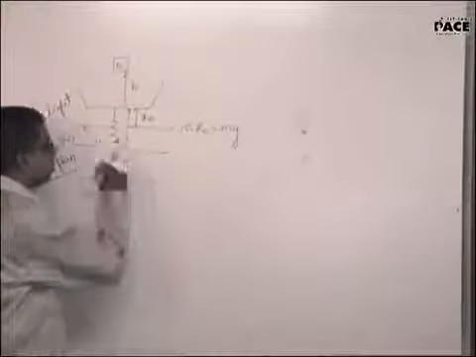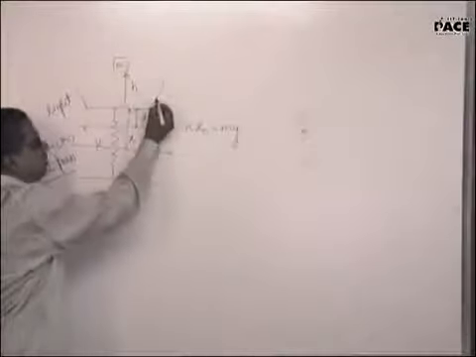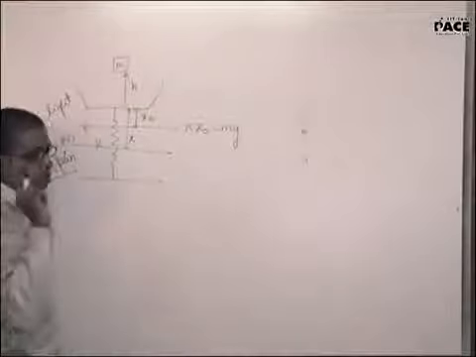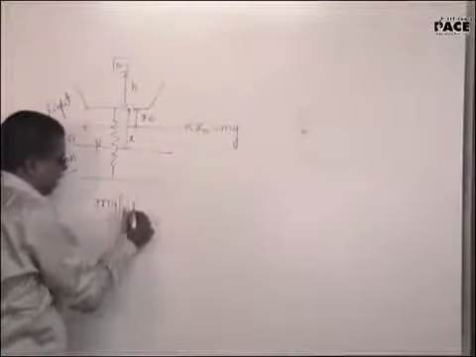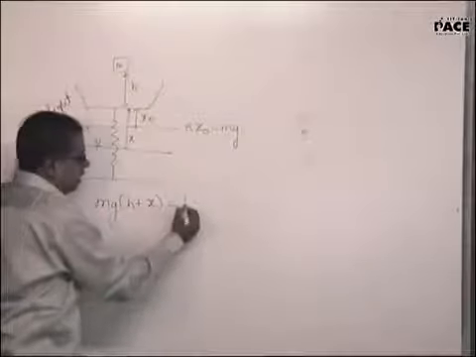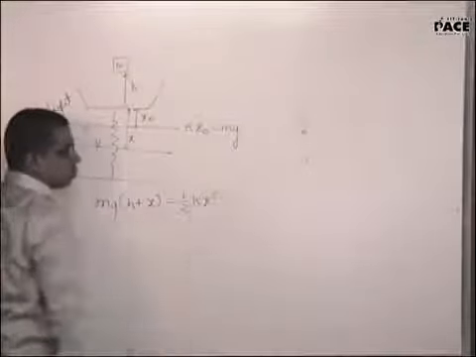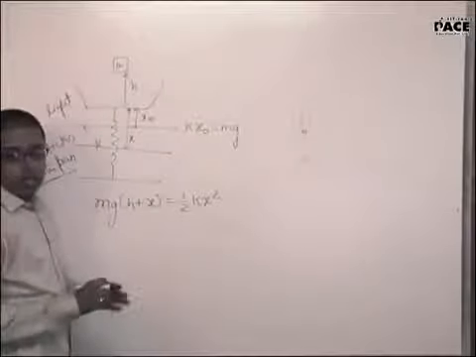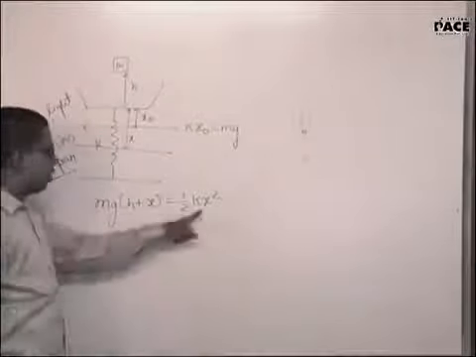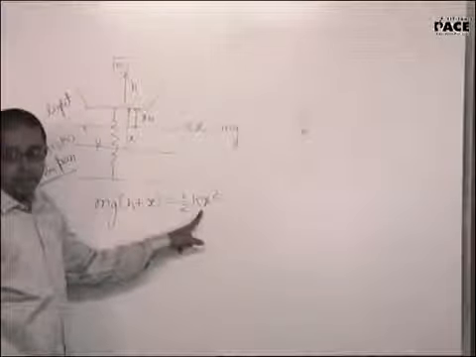Look at the procedure to be followed. Conservation of momentum between small m and the pan is not permitted because the pan is light. Total loss in potential energy, mg(h plus x), will be equal to half k x square.